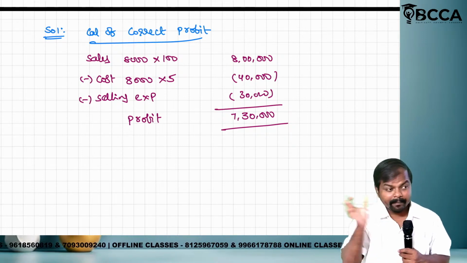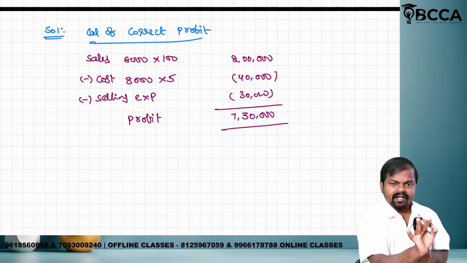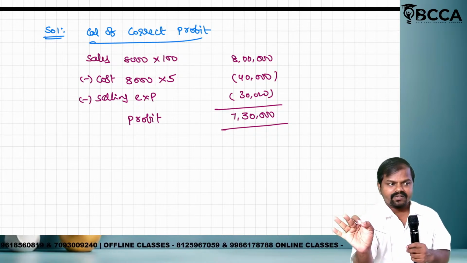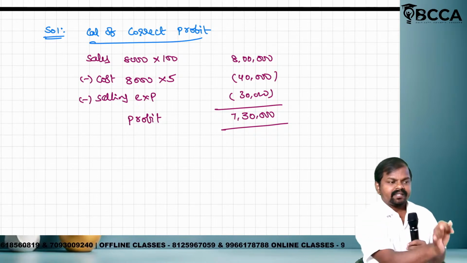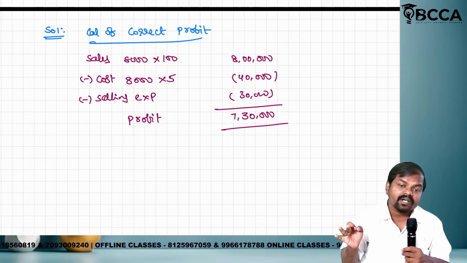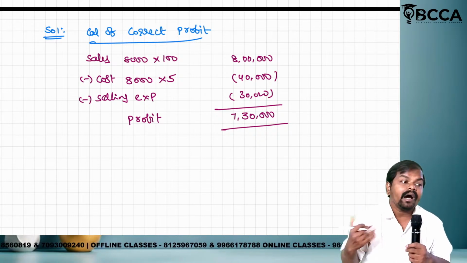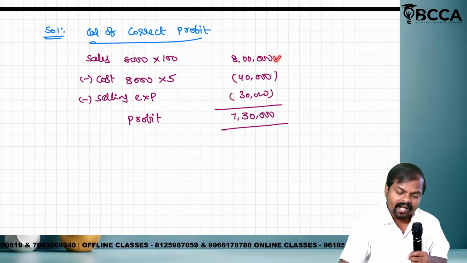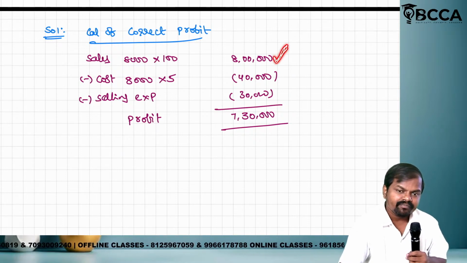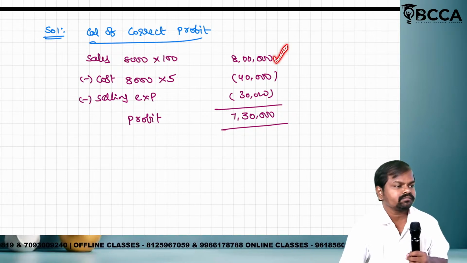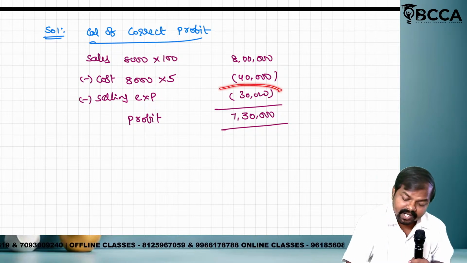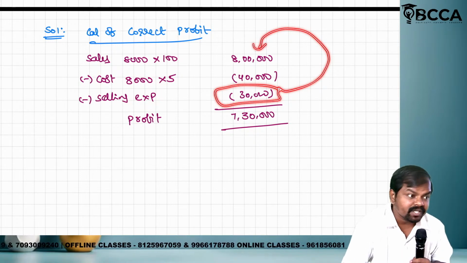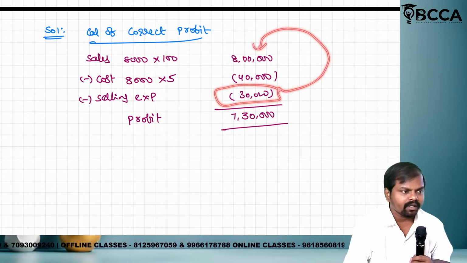If you remember earlier discussion, any cost adjusted to the current year revenue is called expired. Anything which is not adjusted towards current year revenue is called unexpired. What is the period cost total? 30,000. How much is adjusted to the current year revenue? Entire 30,000.